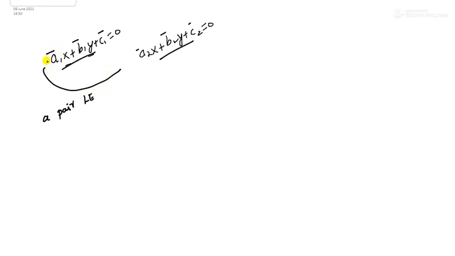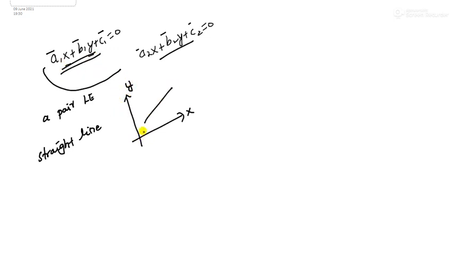These linear equations represent a straight line. One linear equation will represent a straight line in a graph, when we plot it with the x and y axes. So if there are two equations, they will represent two straight lines.